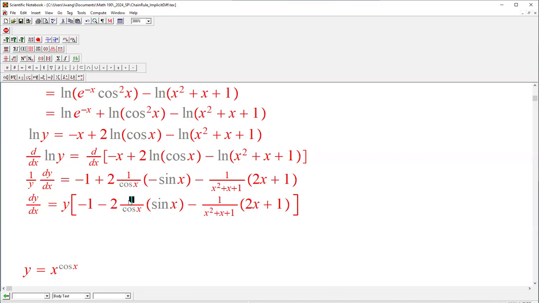And this sine x over cosine x, and we can put the 2x plus 1 on the top and remove the parentheses there. You can even write sine x over cosine x as tangent x. By this time, there's one more thing to do.